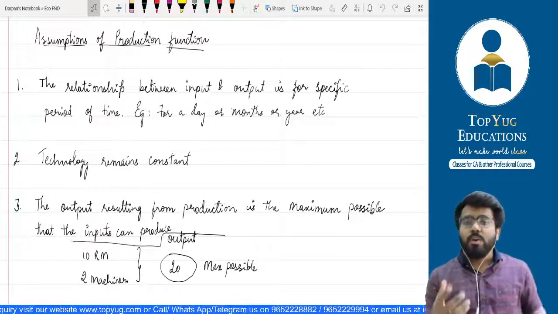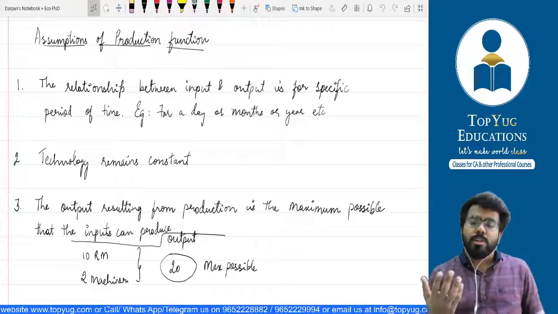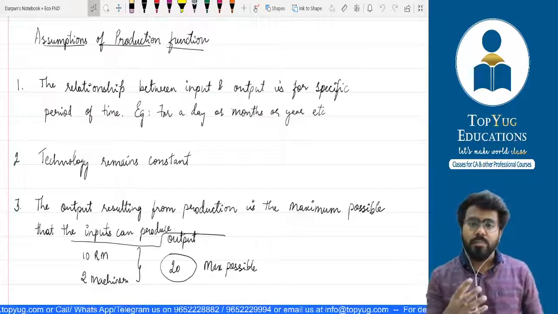And then the second assumption is that technology will remain constant, correct? Your technology won't change. Without keeping technology constant, you cannot get the output with the input, right?